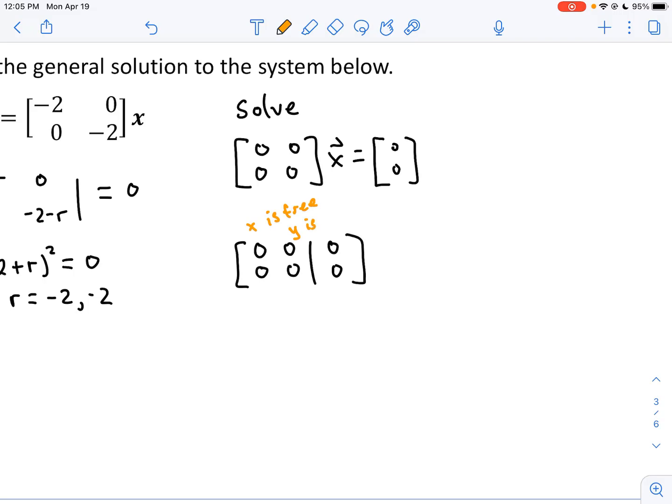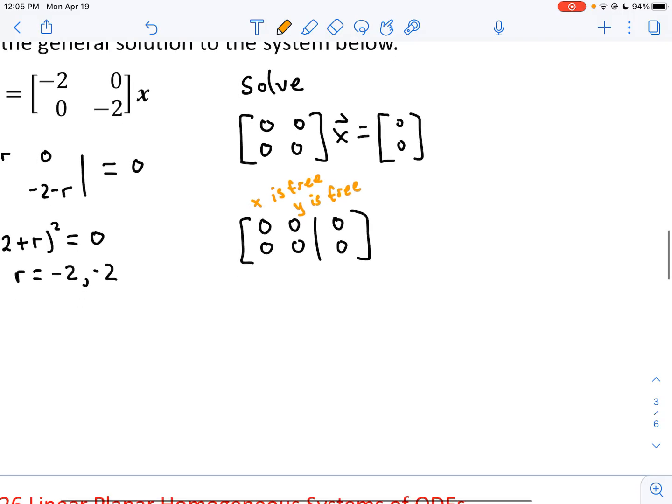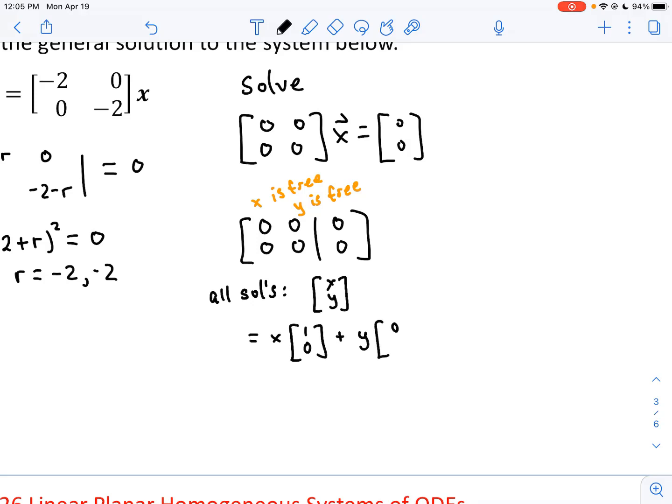The same thing is true for the y column. Both variables are going to be free. So your basic solution to this is going to be the following. I'll say all solutions: x could be anything it wants, and y could be anything it wants. And if you want to break this apart, it would look like the following. x could be anything it wants times 1, 0, and y could be anything it wants times 0, 1.